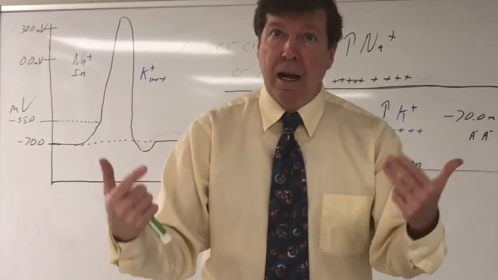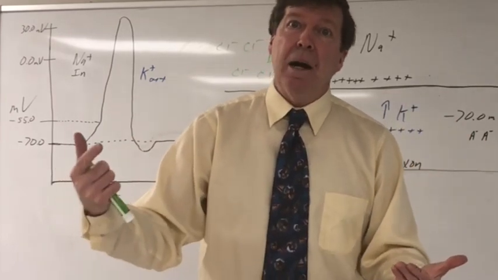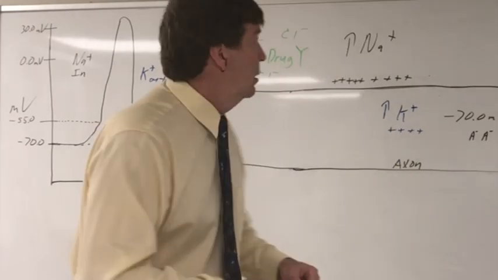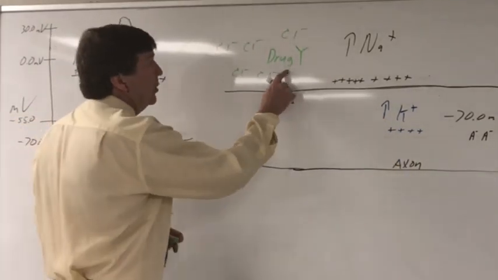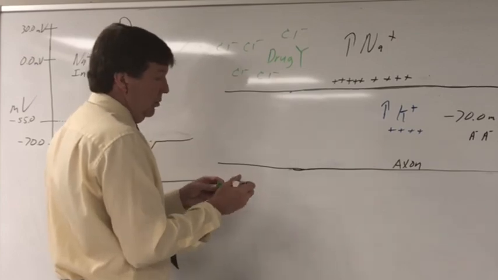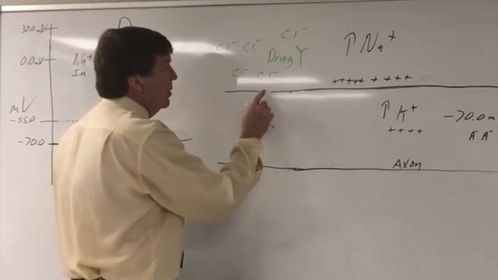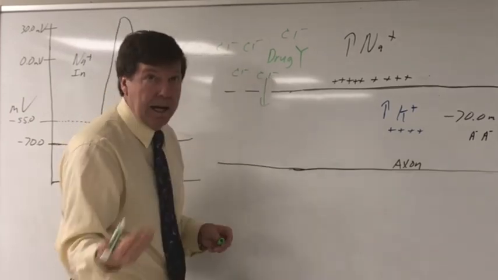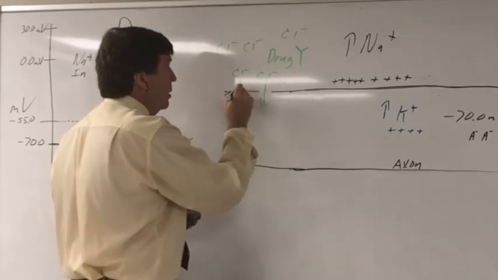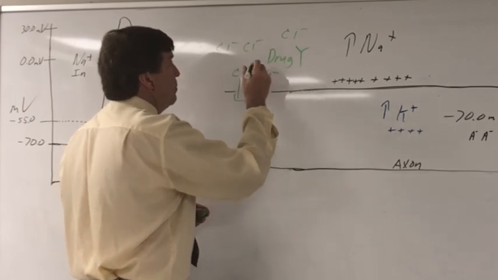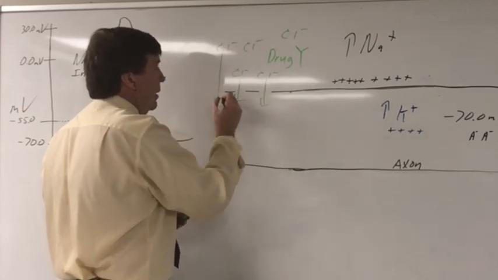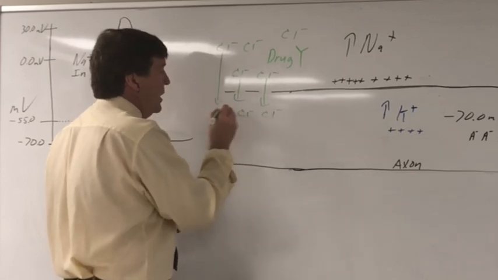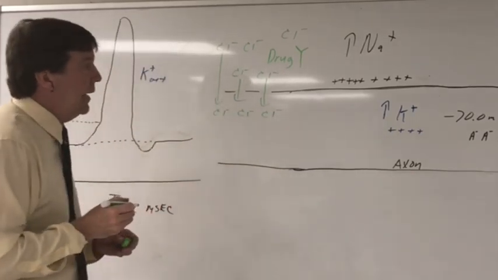Let's talk about the effect of this drug moving chloride ions to the inside of the nerve cell. So here's my drug Y. Notice that that's going to increase the permeability of these chloride ions, rather. And put another one in here. So notice the Cl- are moving to the inside of the axon.